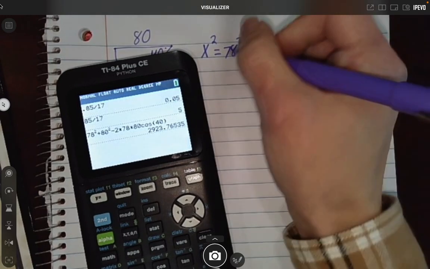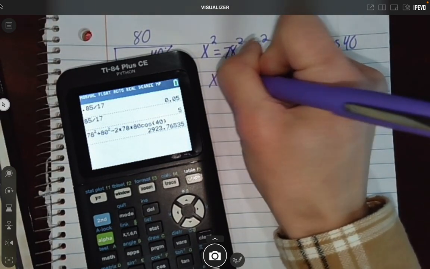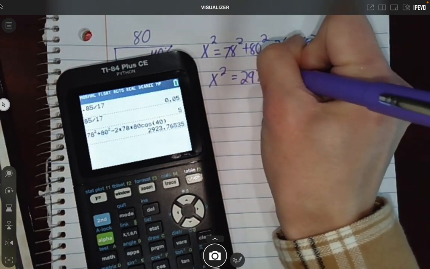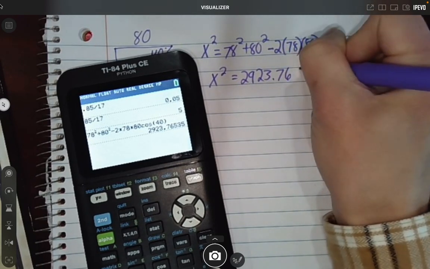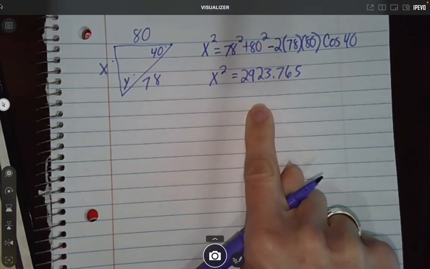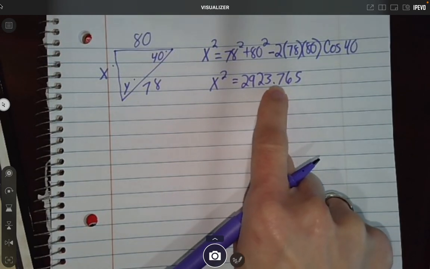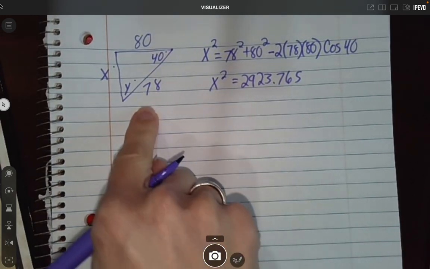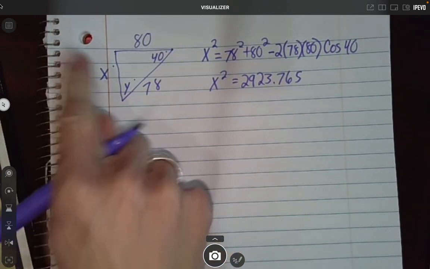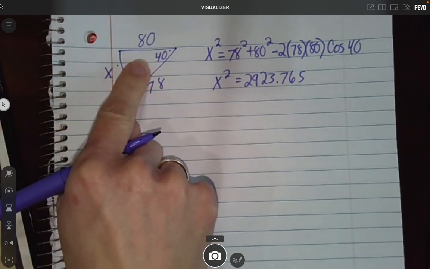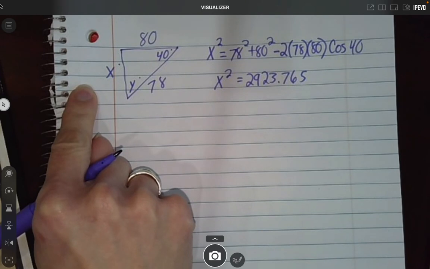And it tells me, be careful here, X squared is this number right here. Now notice, if you write that your answer is 2,923, would that even make sense, that this has a side length of 78, this has a side length of 80, and this would be a side length of 2,000?